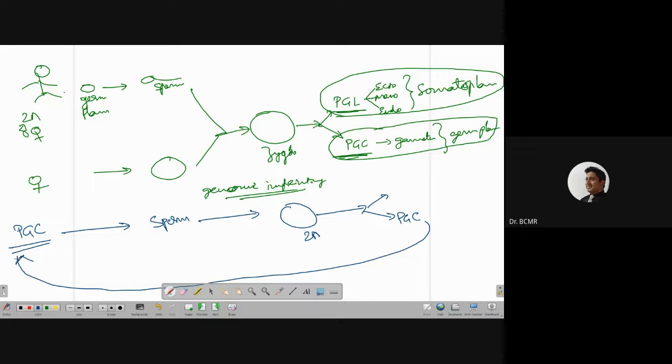We are all, each generation after generation, this is what happens. Primordial germ cells that are present in an individual will give rise to sperm. Sperm will give rise to a zygote. This is the body, the individual in which new primordial germ cells are forming, and they will form the next generation, right?